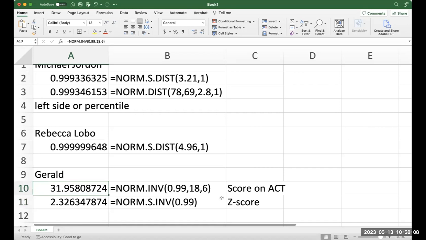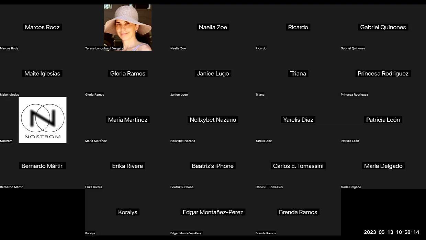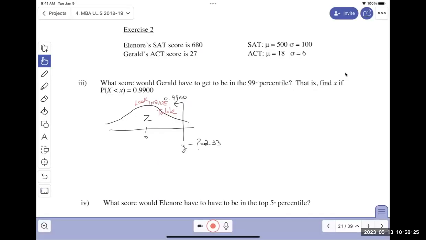Okay, I'm going to go back to my iPad. Okay, so I got this number 2.33. I saw it also in Excel, rounded to 2 decimal places it would be 2.33. And this is like a 2-step process if you do this manually.